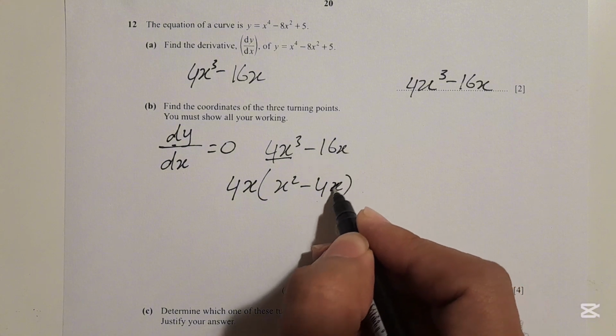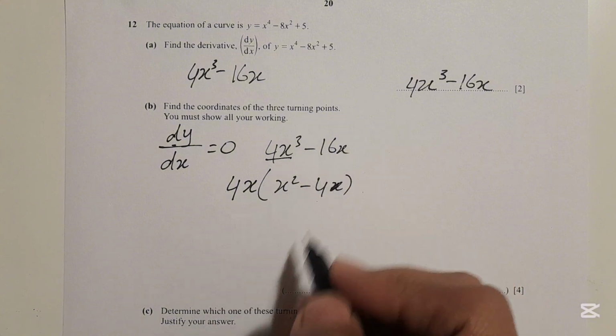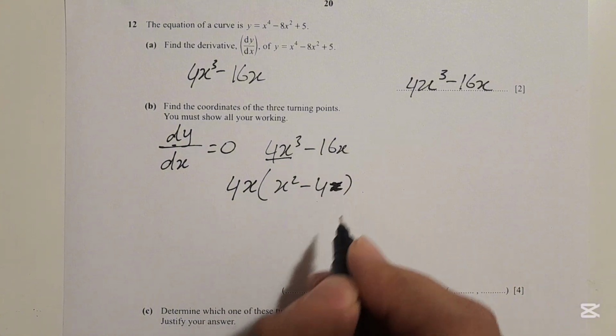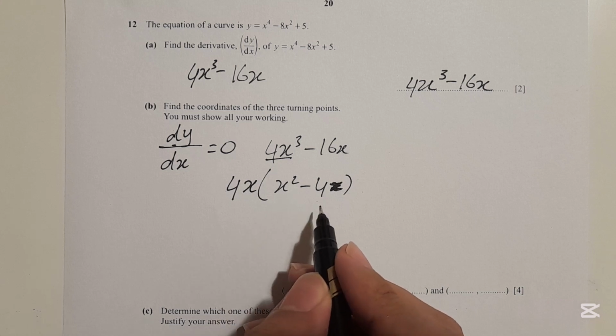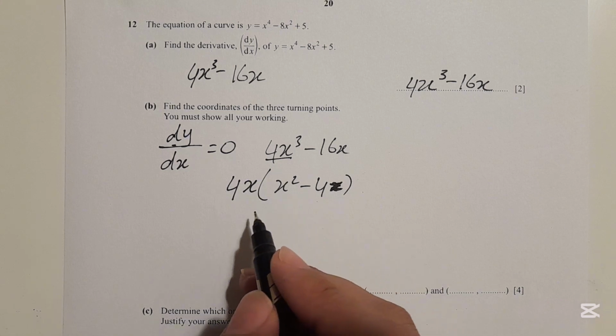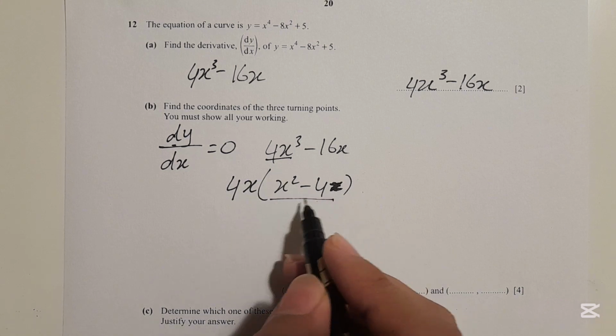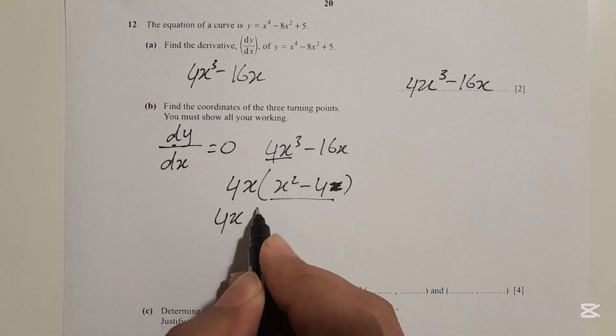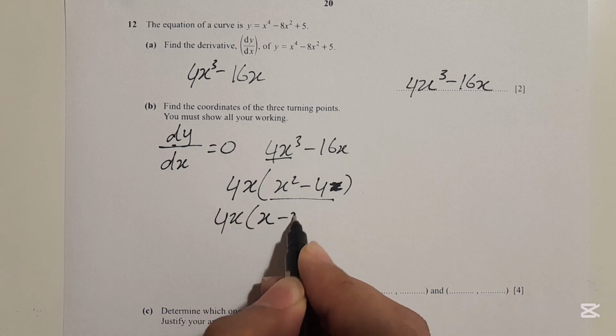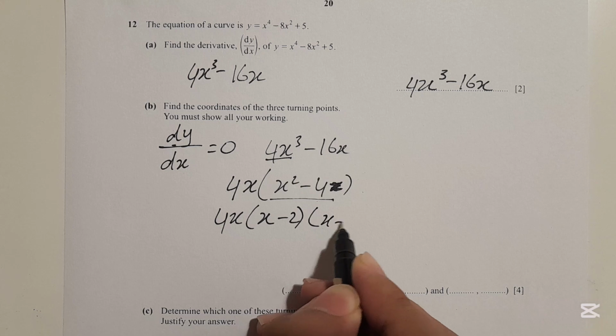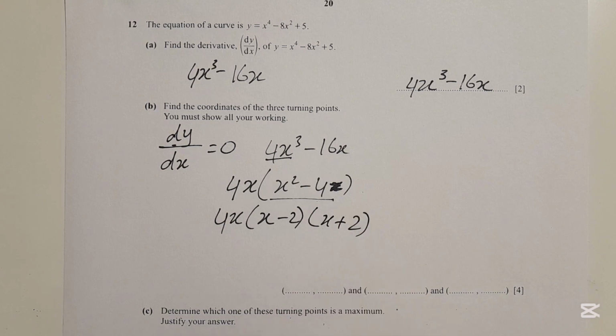And we will cancel it because the x is already over here. So like this we have x squared minus 4. Now we will expand this x squared minus 4 and write 4x times x minus 2 and x plus 2, like this.